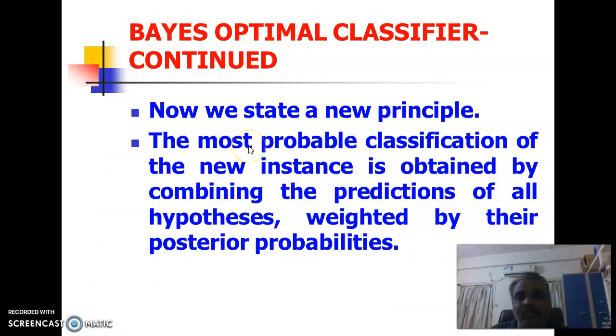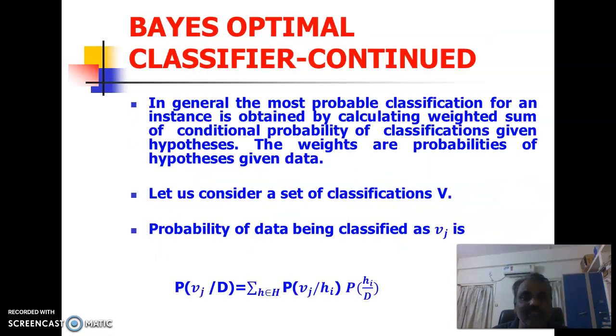Now we state a new principle. The most probable classification of the new instance is obtained by combining the predictions of all hypotheses weighted by their posterior probabilities. Let's see the expression.